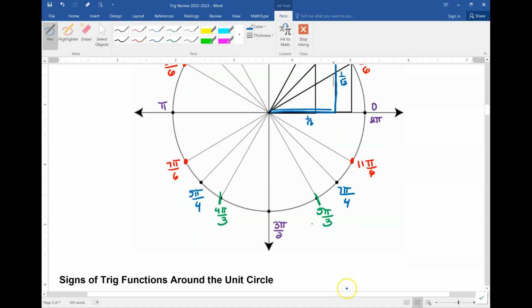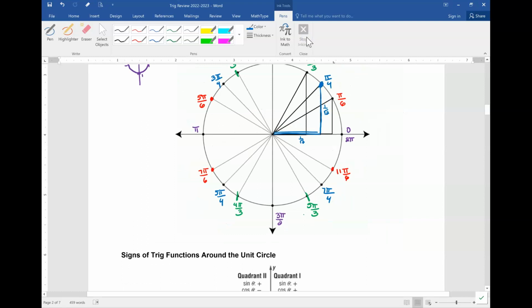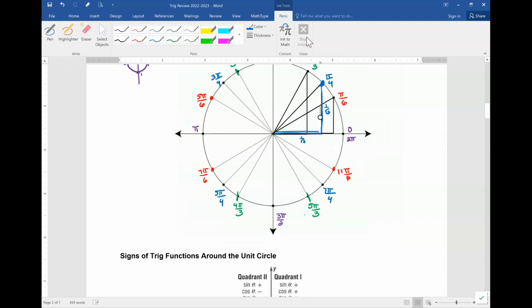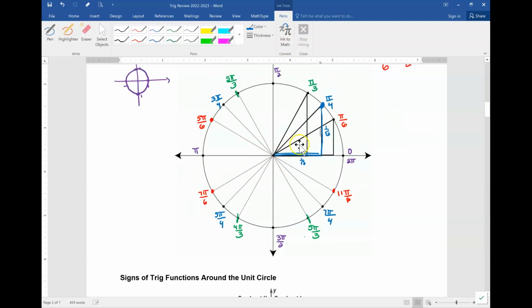But I think let's stop there and let's move past this. Okay, so depending on which of these quadrants your angle falls in, right? So if you have a 45-degree angle or a 120-degree angle and so on, the trig functions can take on different signs, like plus or minus signs, right?